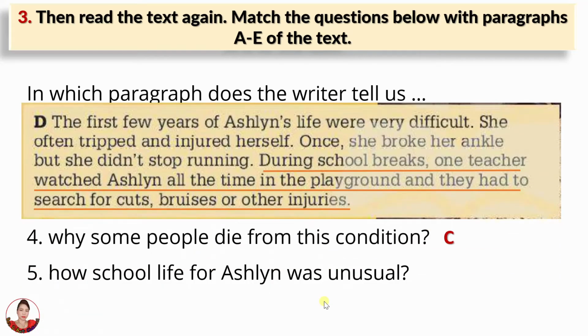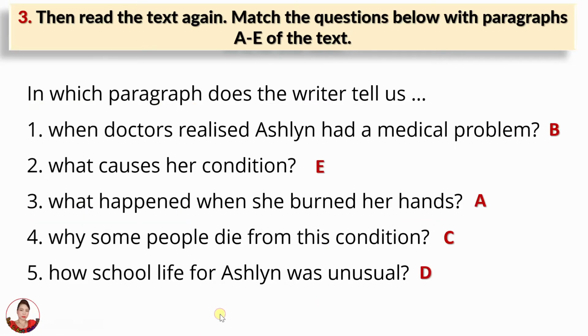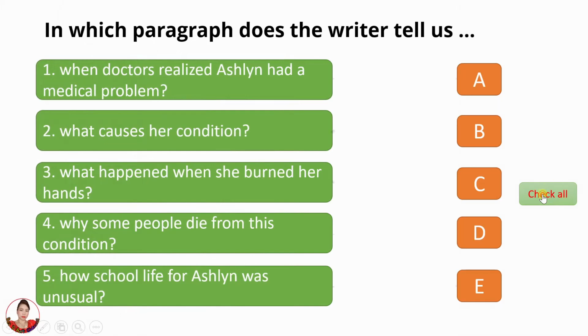Now paragraph D. During school break, one teacher watched Ashlyn all the time in the playground, and they had to search for cuts, bruises, or other injuries. So number 5, D. Now check the answer yourself.